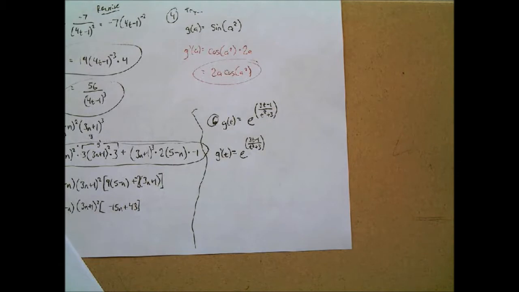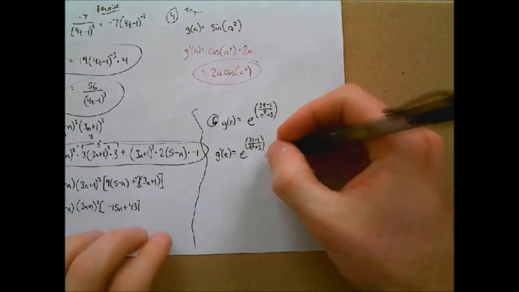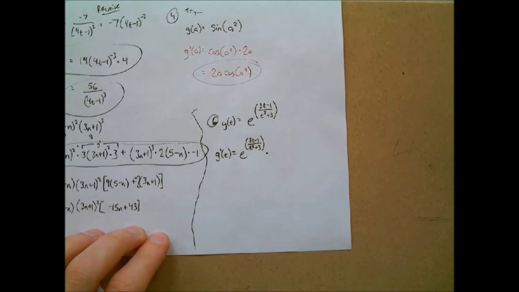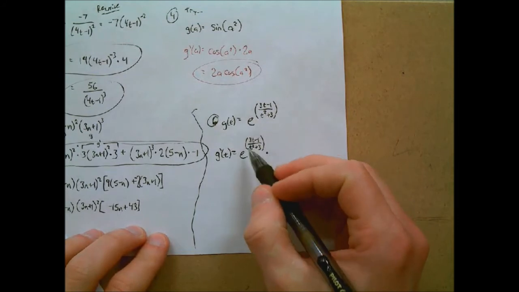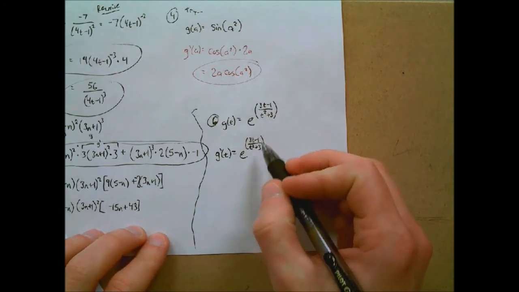But then by the chain rule, we have to multiply by what? The derivative of what's inside, what the e encapsulates. So we have to take the derivative of the inside thing here, and to take the derivative of this requires the use of the quotient rule.